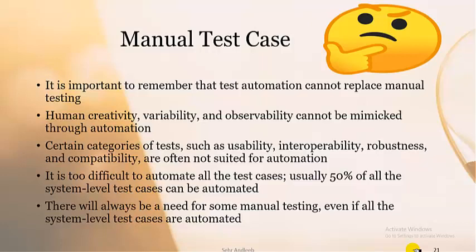Certain categories of tests such as usability, interoperability, robustness and compatibility tests are not suited for automation. For example, usability, that is, how usable the system is for us. How can we test it automatically, right? If we run it with automated test cases, obviously it cannot predict as good a result as a human can.